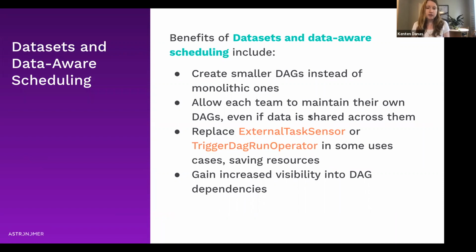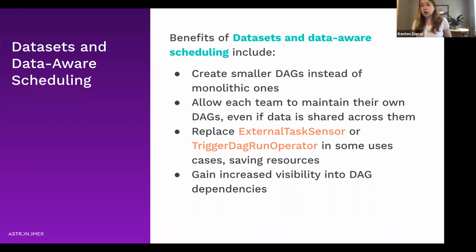Related to that, as I've already mentioned, this is going to allow each team to maintain their own DAGs, even if data is shared across them. In some use cases, datasets can replace the external task sensor or the trigger DAG run operator. If you're not familiar, these are methods that you could use to implement cross DAG dependencies prior to Airflow 2.4.